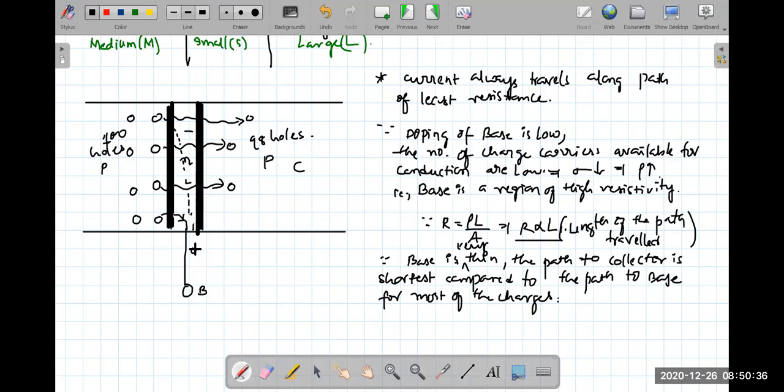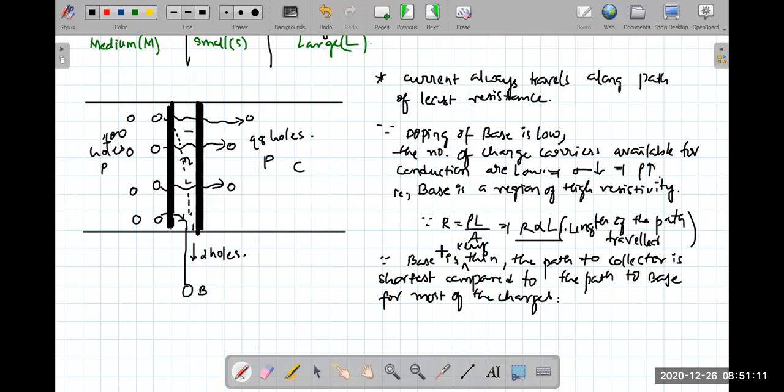Two of them will be coming to the base, roughly. This much is the division roughly, and anything above 98 holes is only admissible. That means if you have designed a transistor in which less than 98% of the charge carriers are reaching the collector, then it's a bad design. Understood?